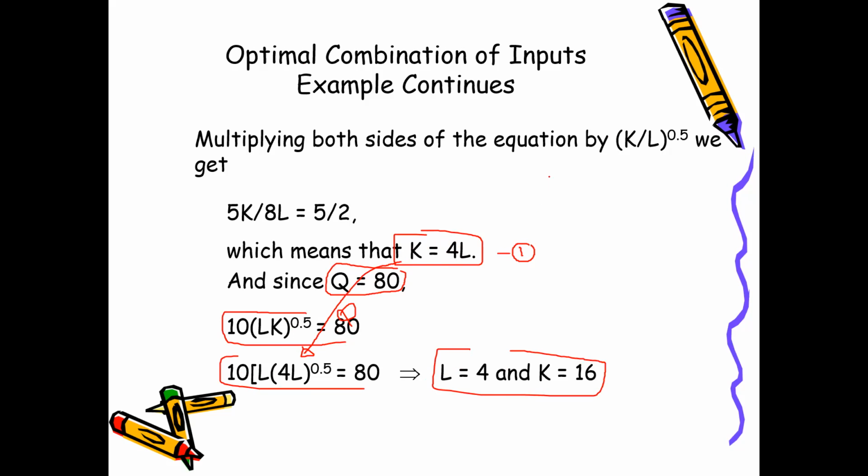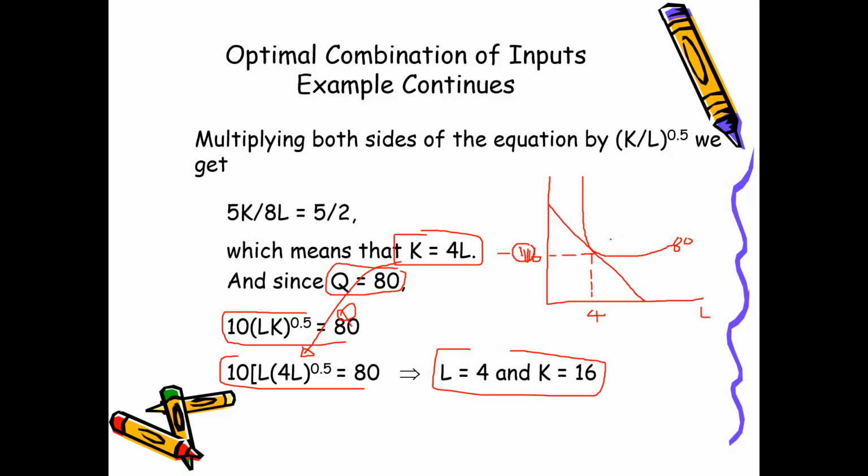To produce 80, the optimal amount of labor and capital you got here: the labor is 4 units, and the capital is 16 units.